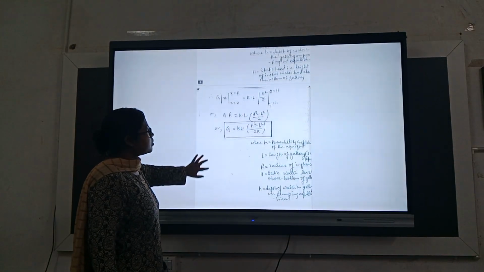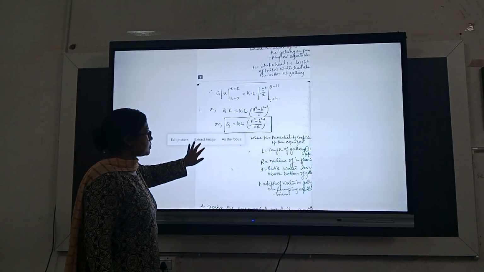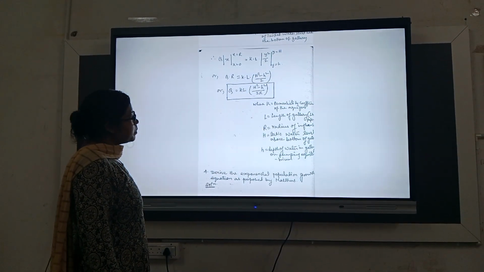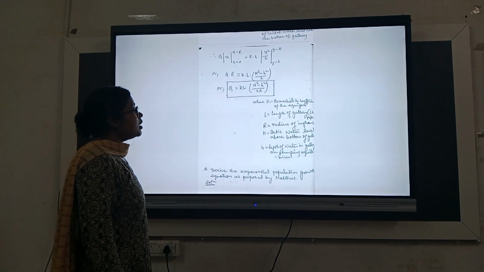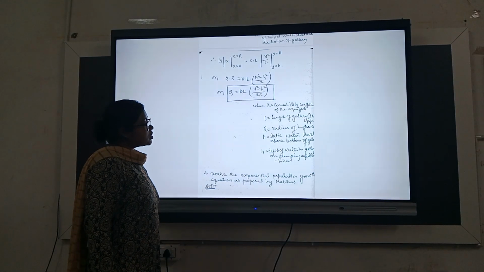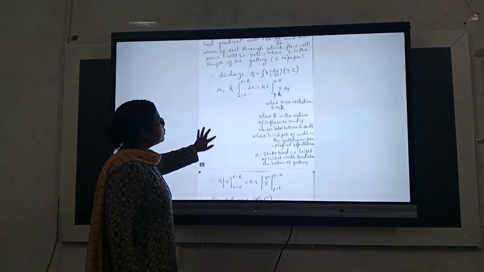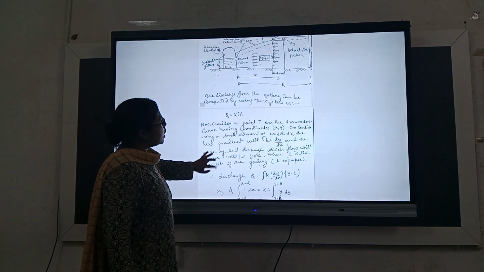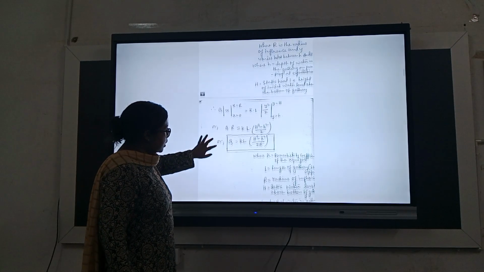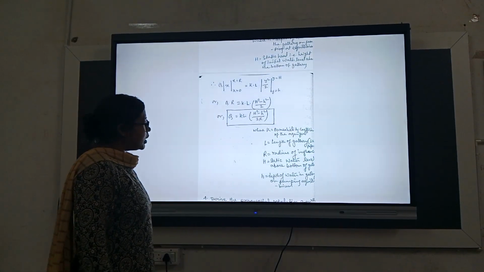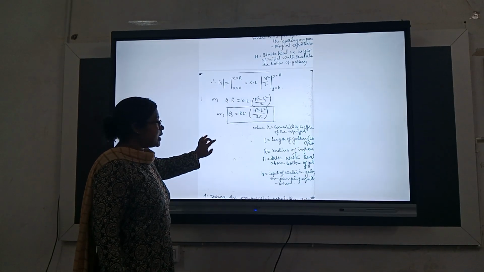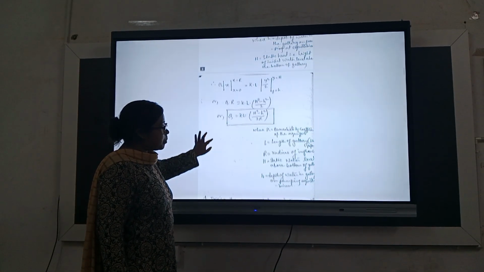This is the formula for discharge of the infiltration gallery, where K is the permeability coefficient of the aquifer, L is the length of the gallery, R is the radius of influence, as you can see from the diagram, capital H is the static water level above the bottom of the gallery, and small h is the depth of water in the gallery on pumping equilibrium.